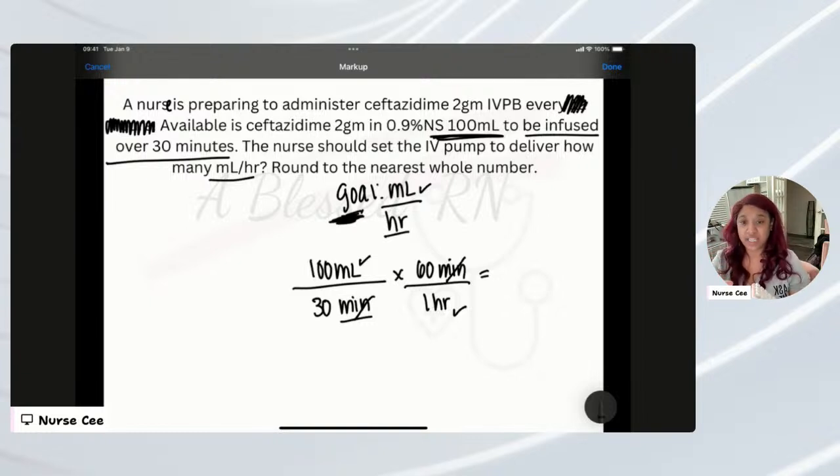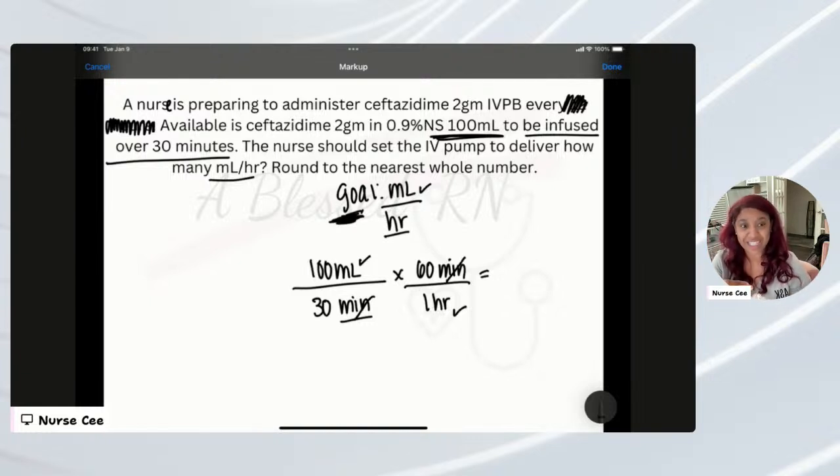So what's happening here is that ceftazidime 2 grams is ordered, and that ceftazidime 2 grams is floating around in the solvent, which is the normal saline. So when you have 2 grams floating around in that 100 milligrams, if you give all of that 100 milligrams, those 2 grams are going to go into the vein, right?